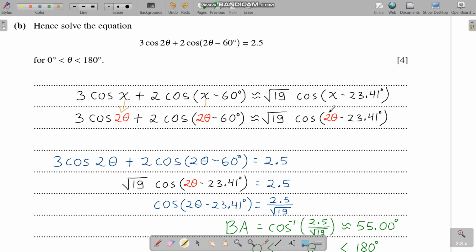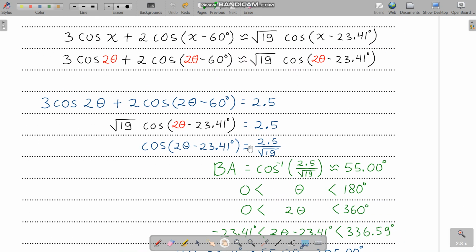So from the original equation here, we can replace this left hand side with this, because it's the same. So we use root 19 cos(2 theta minus alpha), again it's 2 theta, it's not theta, it's not x, but 2 theta here.